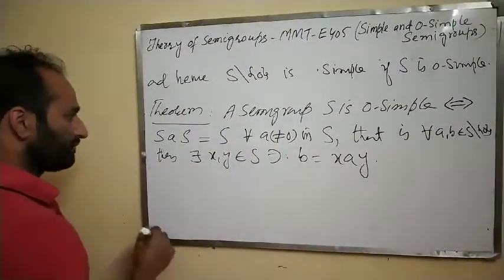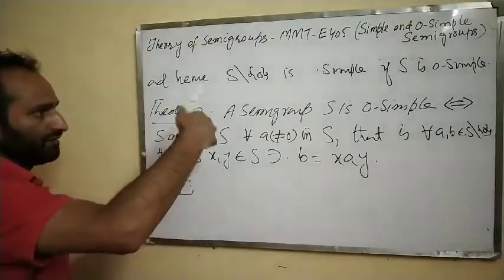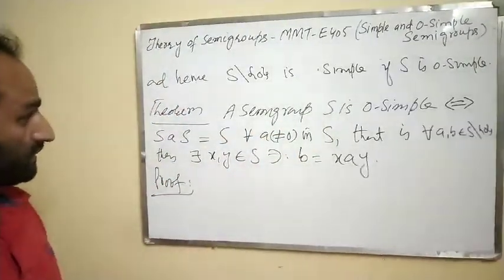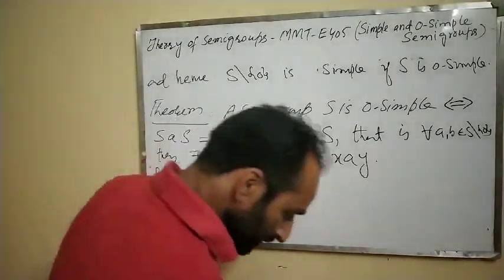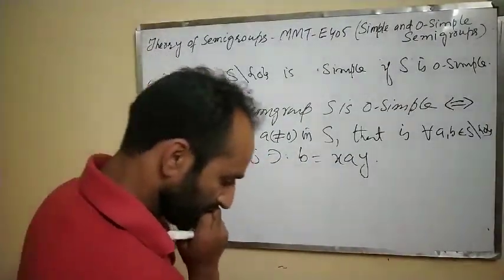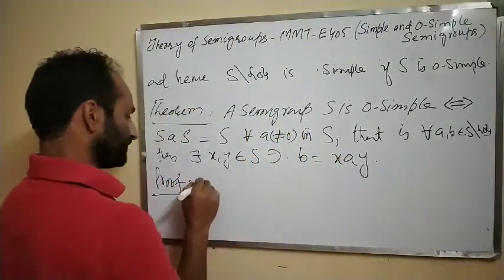So let's prove this theorem first. Then we have an analog of this theorem for simple semigroups that you can do yourself. That's not a big deal. Okay, let's assume that our semigroup S is 0 simple.